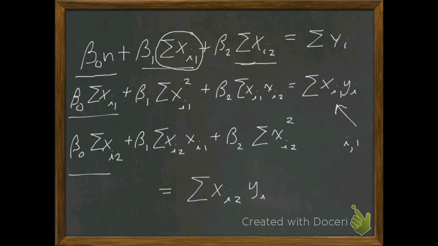Now, next thing I need to do is focus on these two right here. I need to square the values for x sub 1 and of course add those.